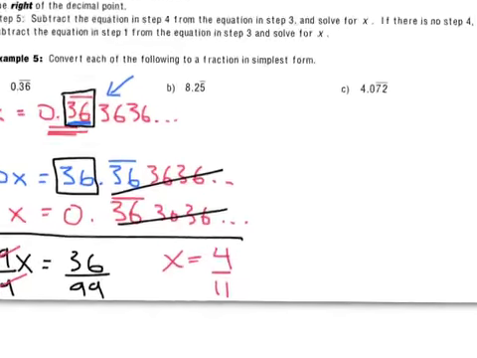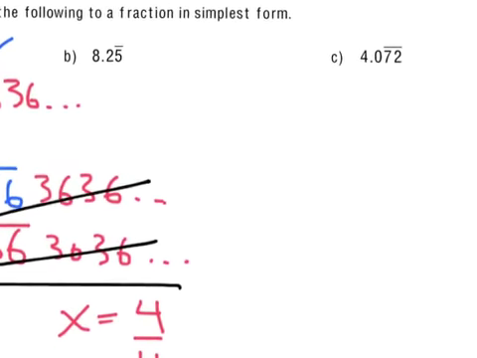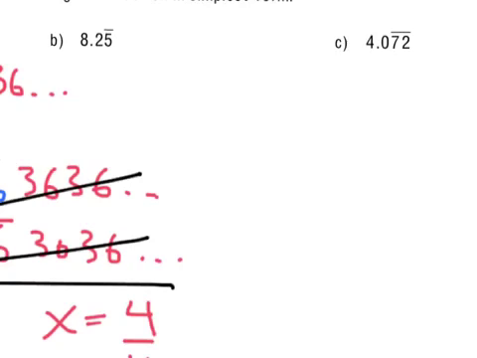Okay, so we're looking at 8.25, and let me just mark this off over here. So I have 8.25, and notice that it's only the 5 that's getting repeated. So my first step, I want to get that 2 over to the left side of the decimal.